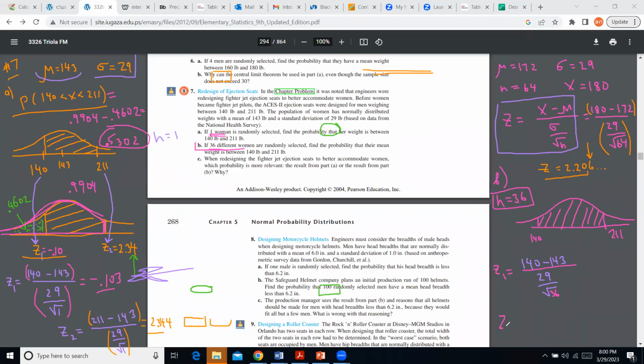And we'll get the z-score. Analogously, for the second one, we also get the same exact numbers like we have for z2. There are 211 minus 143 over 29, but once again, this is going to be divided by that square root extracted from number 36.